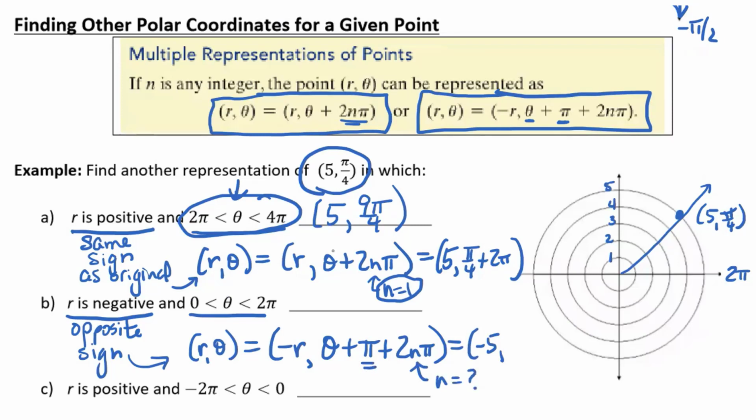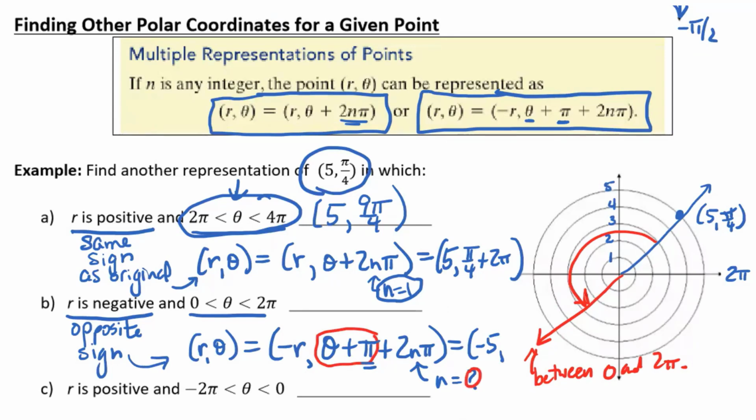The pi puts us on the opposite side, and then how many times more do we go around if we want an angle between 0 and 2 pi? I would say 0 times more, right? Isn't it true that this terminal side is already between 0 and 2 pi?